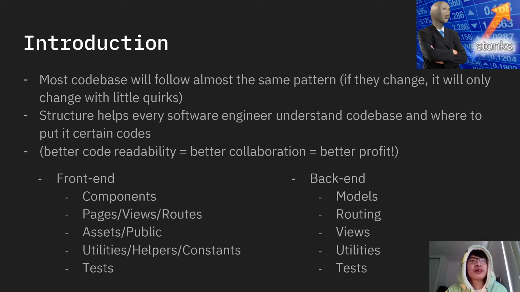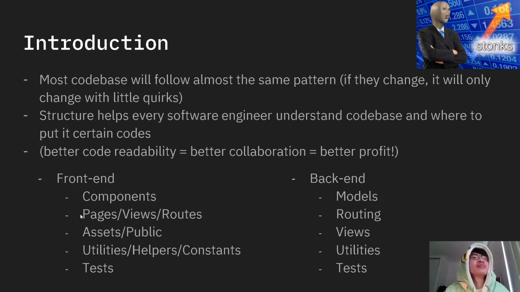Things like those. Code conventions are usually agreed upon by the team. It's not something set by just some standards, it's something that is set by the team. The good thing about that is that if you have better code readability, then you have better collaboration with the team, and also better productivity.